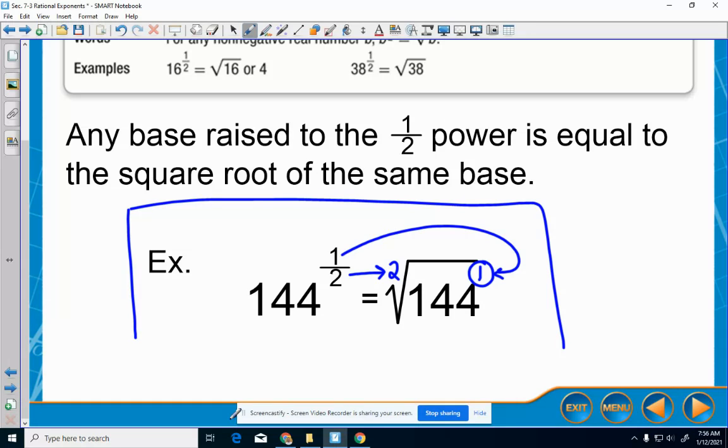So what we're going to do first is look at how these two ideas relate back and forth, that idea of being able to rewrite what we are looking at. The numerator will always become the power that is attached to the base, and the denominator will be the root that we are looking for, whether that be a square root, power of 2, cubed root, power of 3, fourth root, fifth root, and so on.